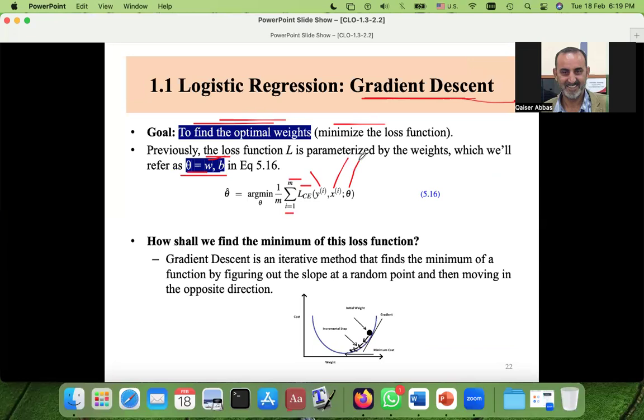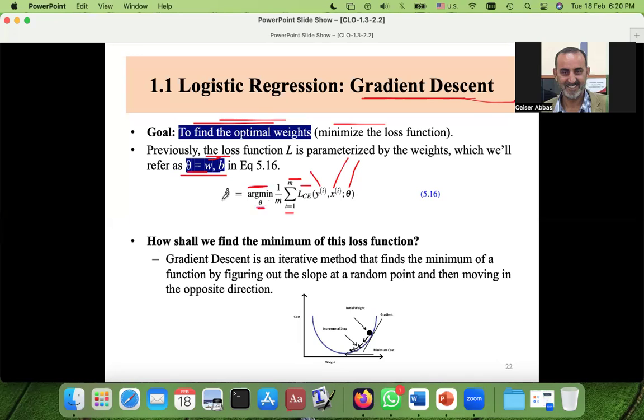Okay, this is a new representation for your previous equation. All your W's and B's are in this theta, and what I want is to get the minimum over this theta. When you write argmin, the meaning is that you want to get the minimum of this variable theta.